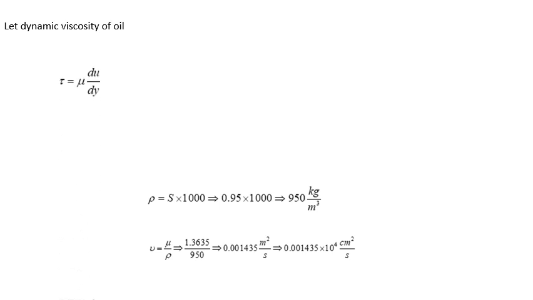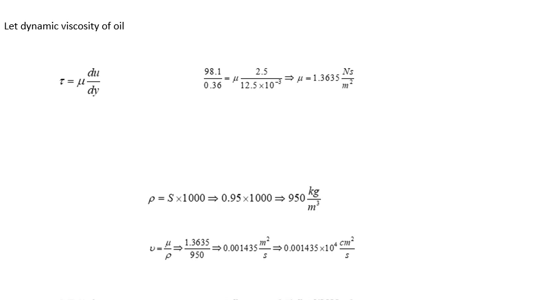So now the dynamic viscosity of the oil. We know the expression: tau is equal to mu into du by dy. So by using the previous expression for the shear stress, that is 98.1 by 0.36, that is equal to mu, which is unknown, then du, the velocity, is known as 2.5, and the thickness of the oil film is given as 12.5 into 10 to the power minus 3.